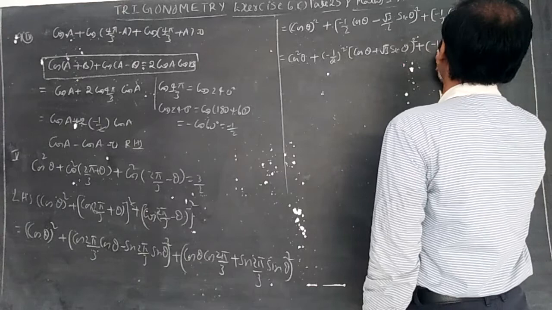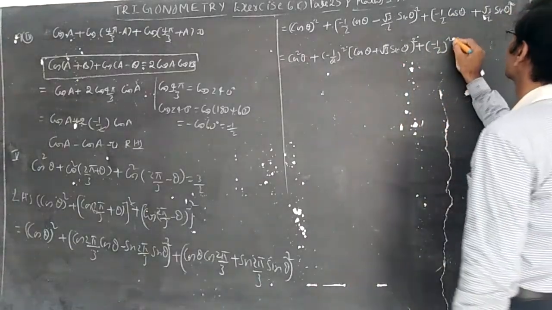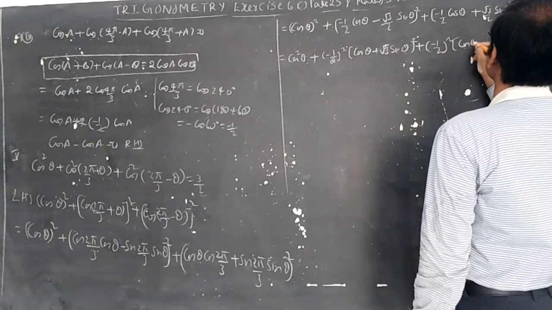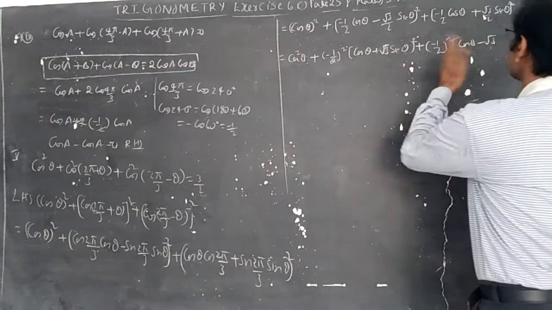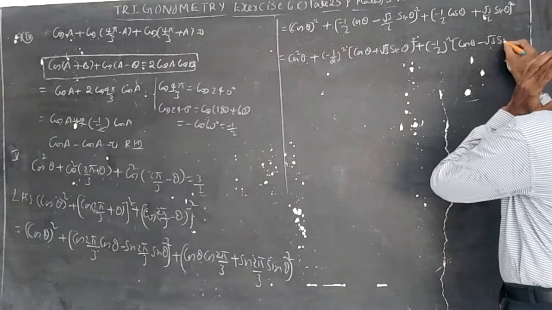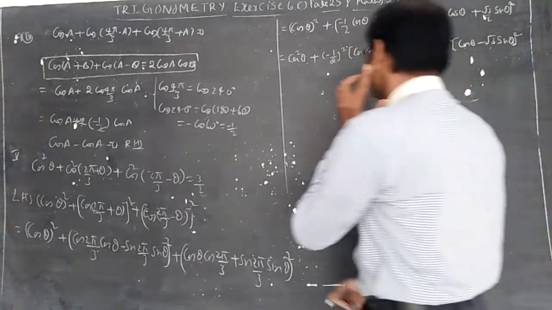Again you take common here minus 1 by 2 along with the square. So you can write here, if we have taken minus 1 by 2, it becomes cos theta minus root 3 sin theta total whole square.